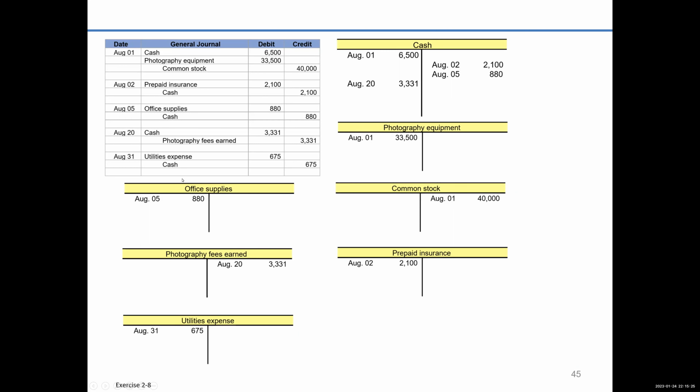Finally, we've got a credit to cash of $675. Now we do have the cash account, so we're going to post that credit of $675 to the cash account, credit $675. And we are done posting.